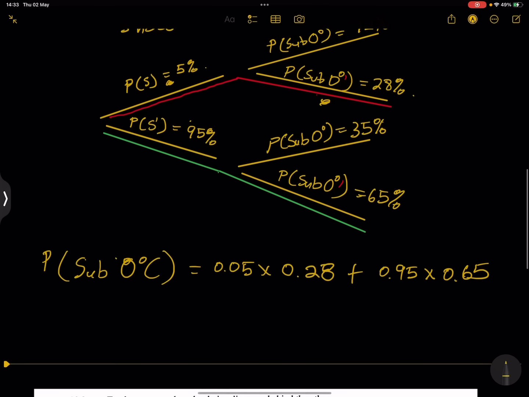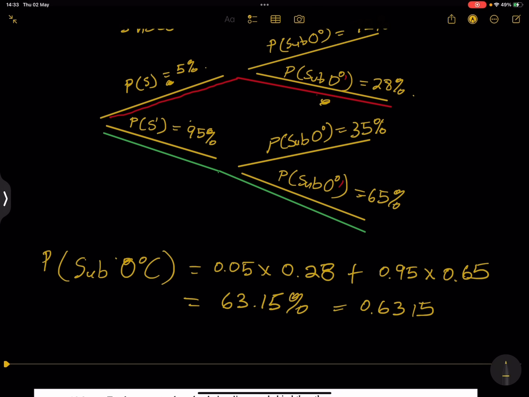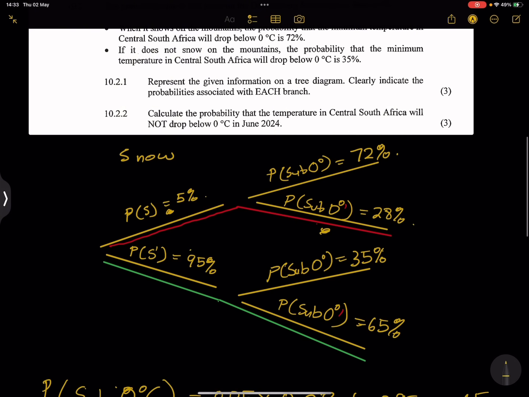So that's 0.05 times 0.28 plus 0.95 times 0.65. And that means the probability would be 63.15%, or as a decimal, 0.6315. That is how you're going to represent that, ladies and gents.